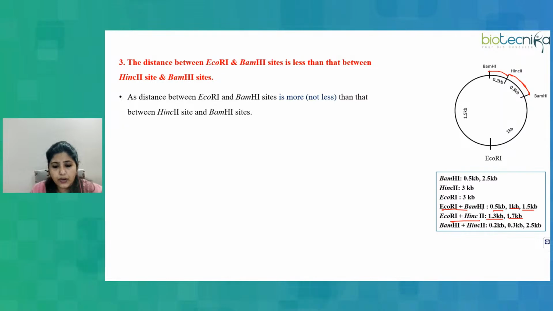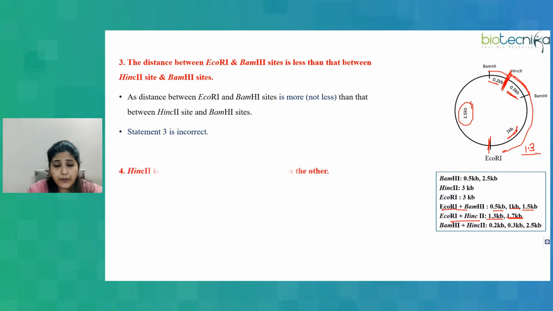So EcoRI must be here, because then only with HincII and EcoRI, you get 1.5 plus 0.2, that is 1.7. And here 1 kb this must be, so that totals 1.3 kb. So this statement is incorrect, and I hope you remember we have to choose the incorrect statement. So the answer here must be option 3.